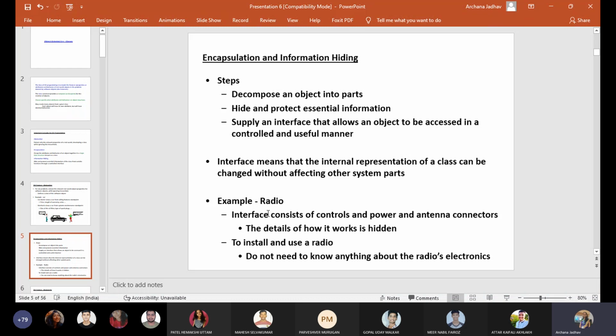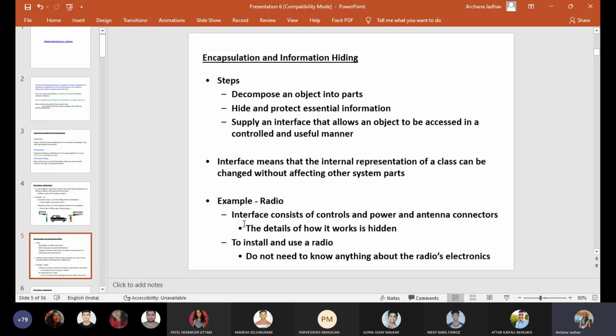The interface consists of controls, power and antenna connectors, and only those things are visible to you. You are able to see the antenna connectors, and if there is any wire connectivity through the antenna, you can see those wires and how you connect them to that antenna. That interface only you are able to see.